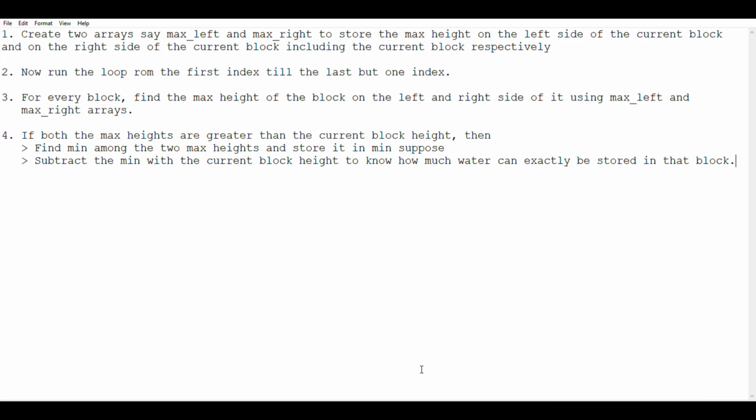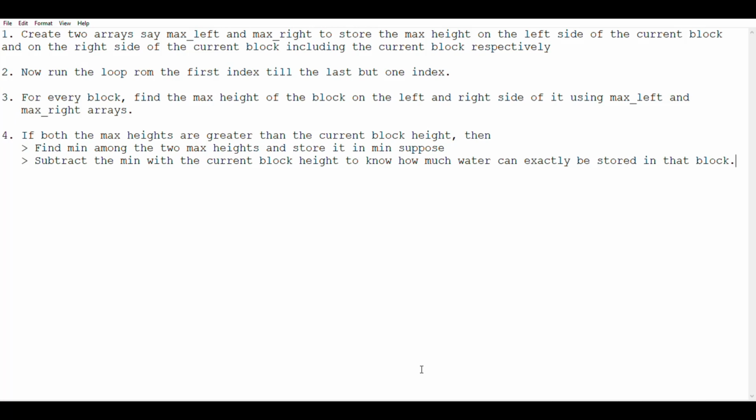Now we need to subtract the current block height from this min, in order to know how much water can exactly be stored in that block. We subtract the current block height from the min which we got, so that we will know up to how much height we can exactly store the water.